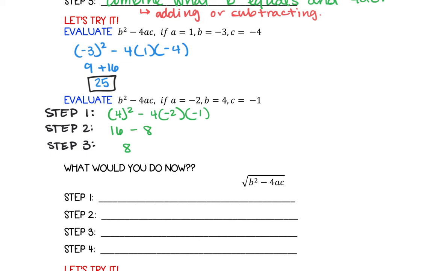Again, when you do that multiplication, you really need to make sure you're watching your signs. And then step 3, combine what b squared equals and 4ac, and that gives you 8.